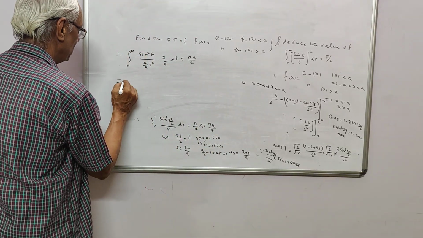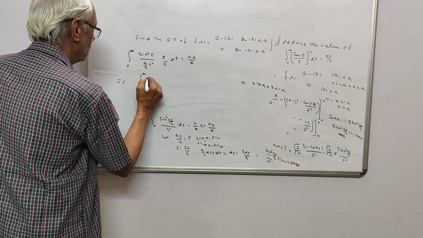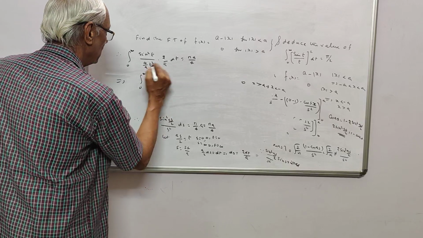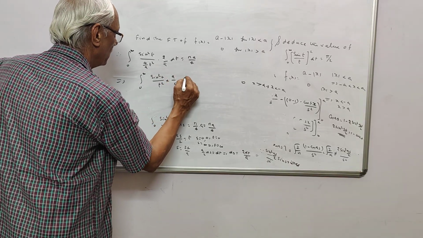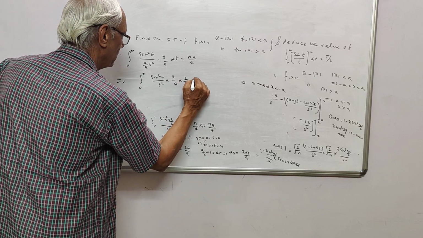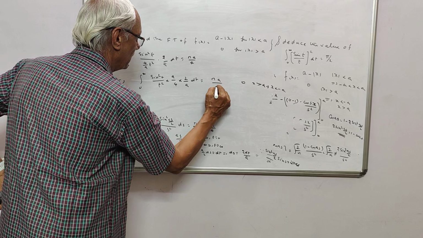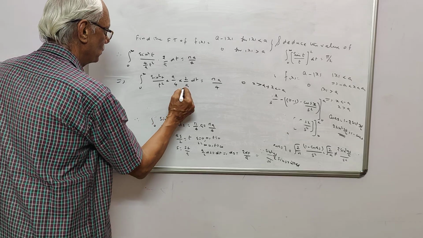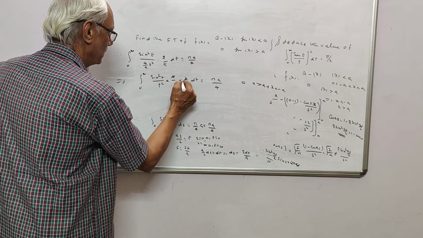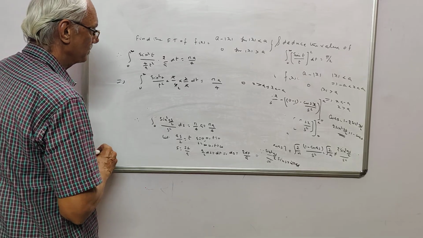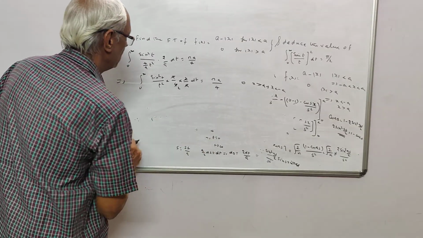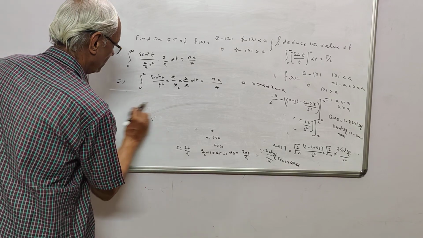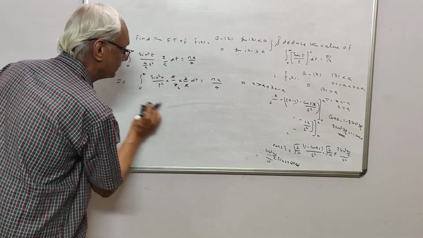So this implies the integral from 0 to infinity of sin square t by t squared into a by 4 into 2 by a dt is equal to pi a by 4. I am taking this on top. So a by 4, and this and this will go off, this and this will go off 2 times, and you see what you will get here now.